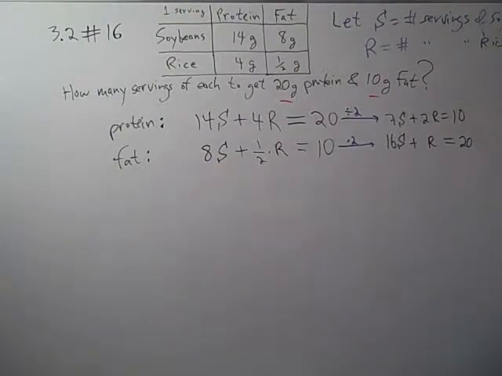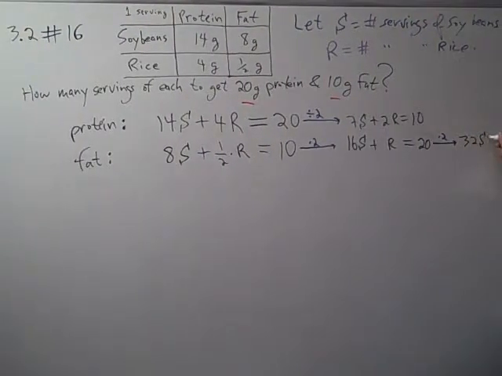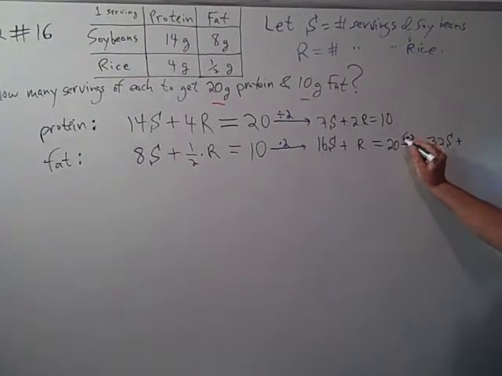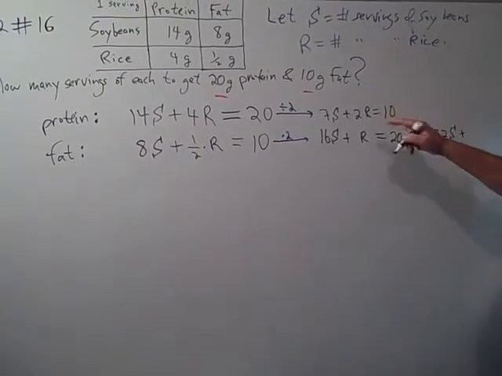And it looks like the easiest variable to eliminate is going to be the R. If we multiply the second equation times 2 again, we end up with 32S plus, let's multiply times a negative 2 because we want it to cancel out with the 2 above.